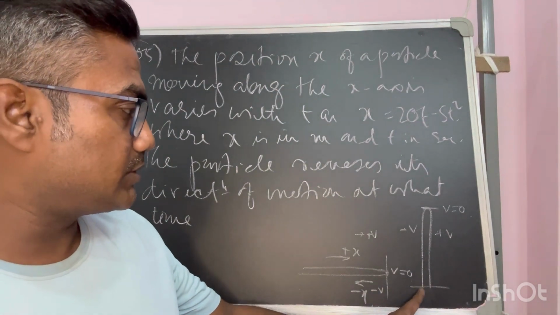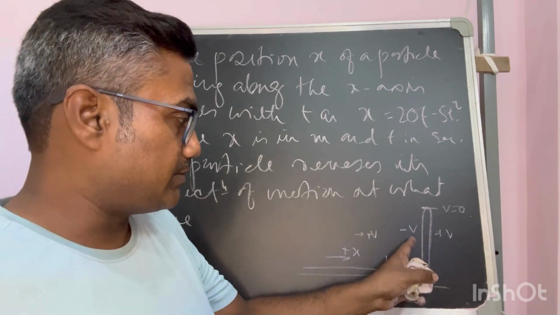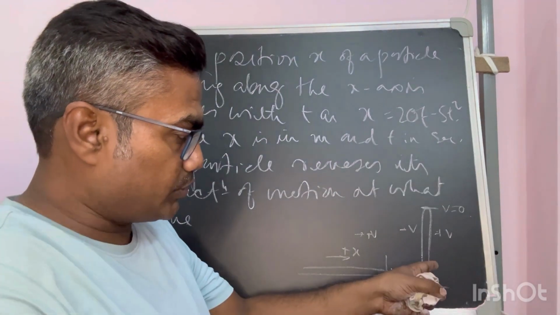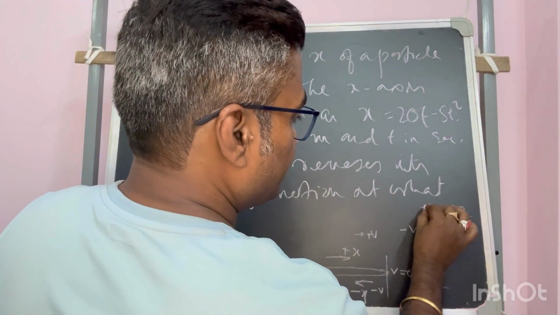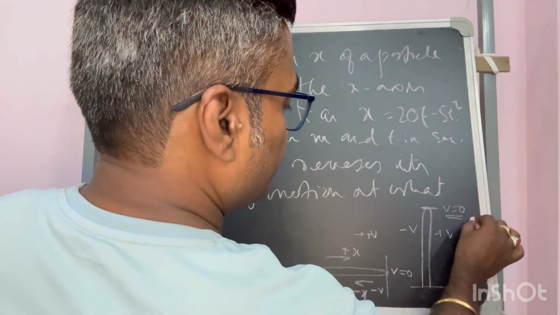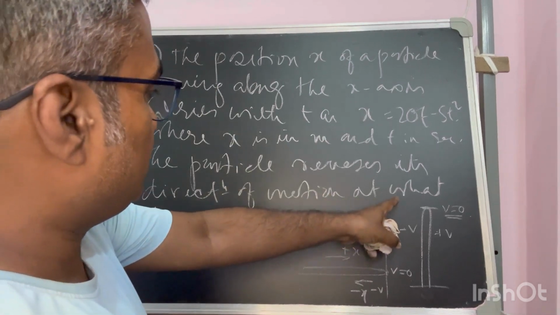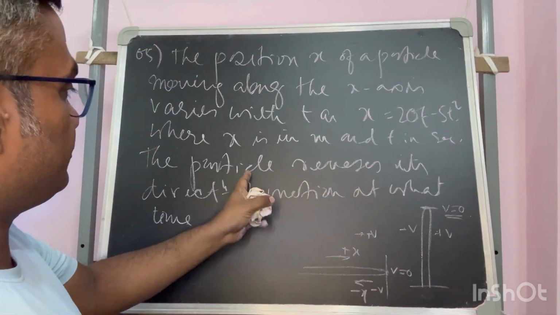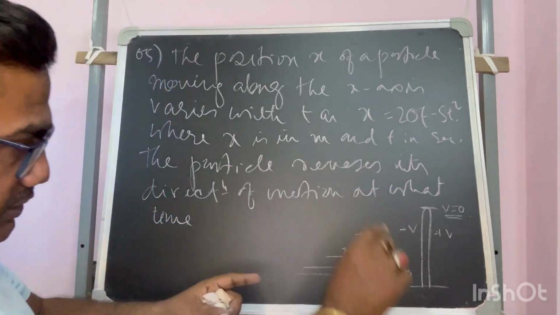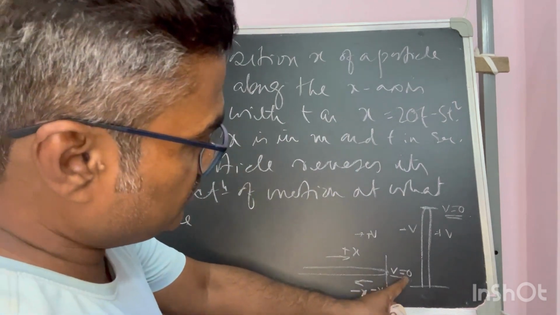This is the starting velocity, this is the moving velocity, this is the ultimate velocity, 0. That means velocity is reducing, then after it is positive. But at the point of time when it is reversing its direction, the velocity will be 0. So this is the point where we are talking about the particle reversing its direction. At that instant of time, velocity must be 0.